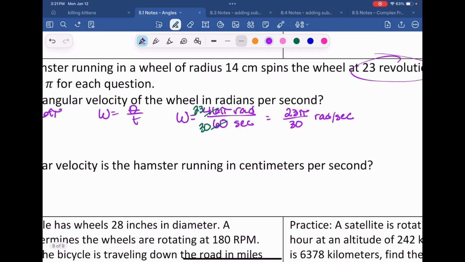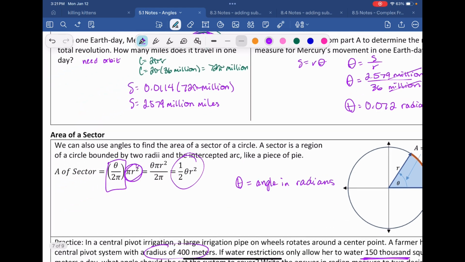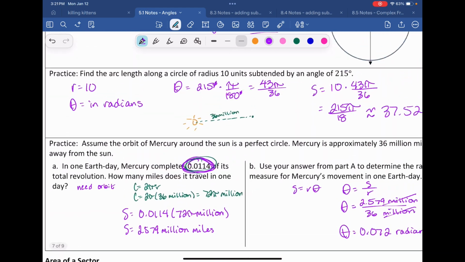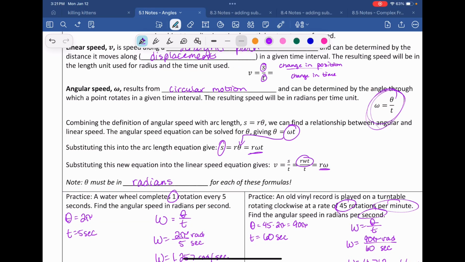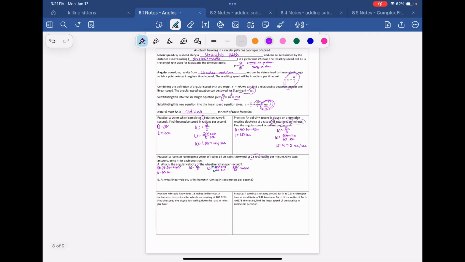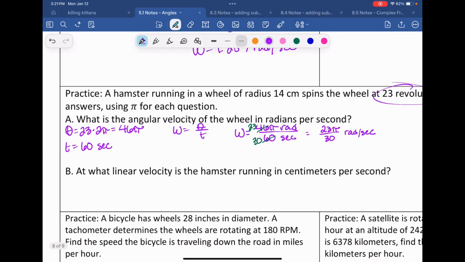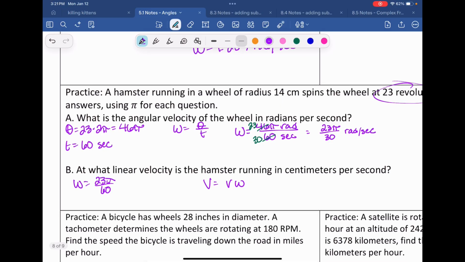All right, well, linear velocity. Let's see where to go. There it is. Linear speed, linear velocity is radius times omega. I have omega, 23 pi over 30, but now I need radius.